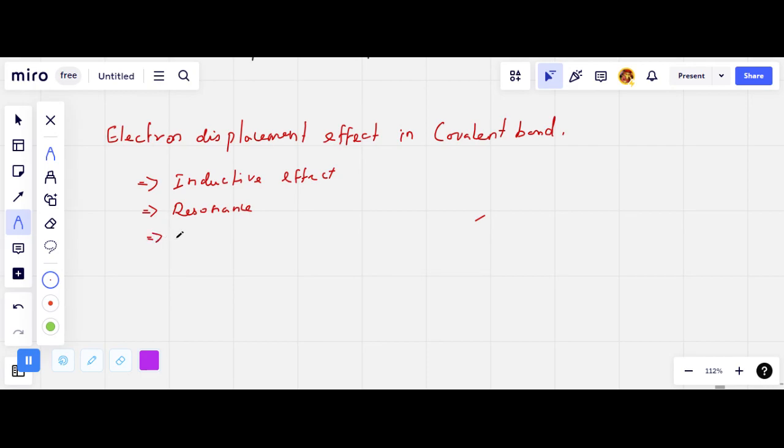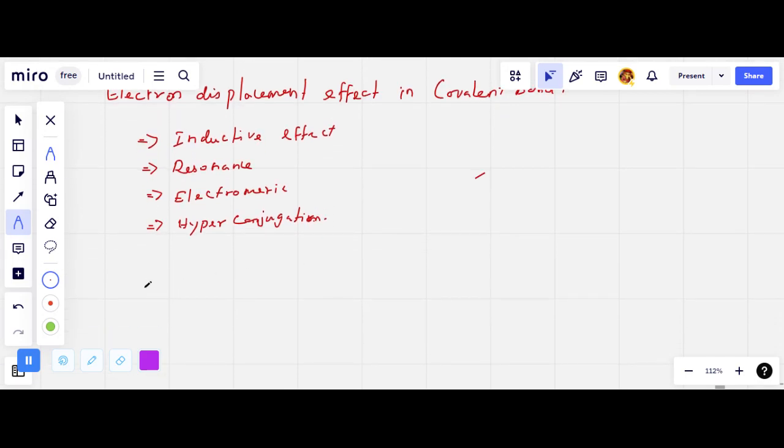Third one is electromeric effect, and the fourth one is hyperconjugation. So in four ways, electron transfer or electron displacement can take place. We will discuss one by one. The first one is inductive effect, otherwise called the I effect.